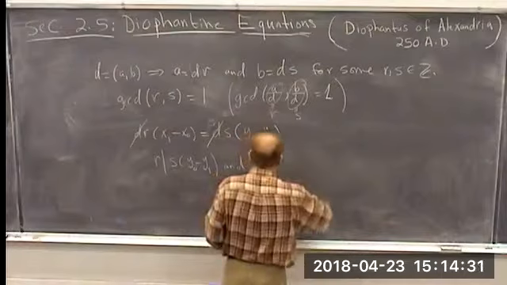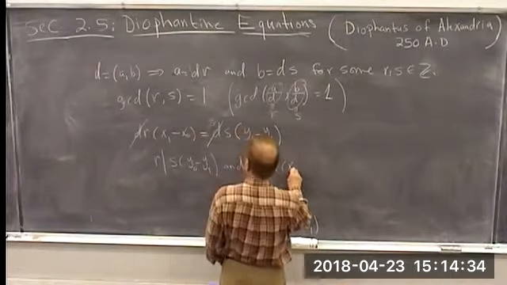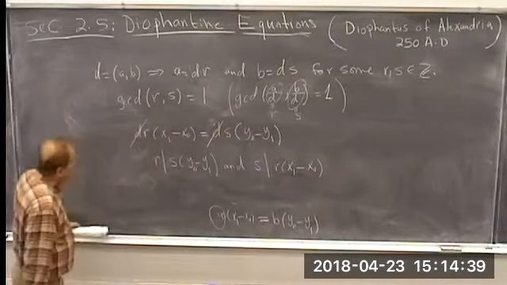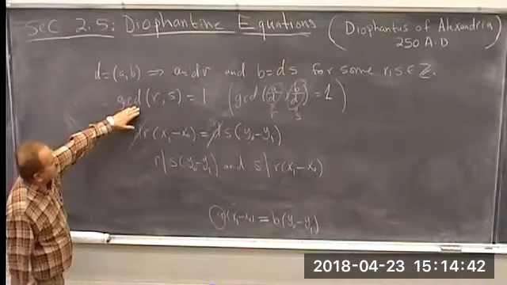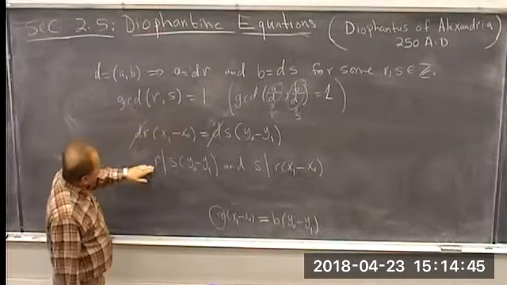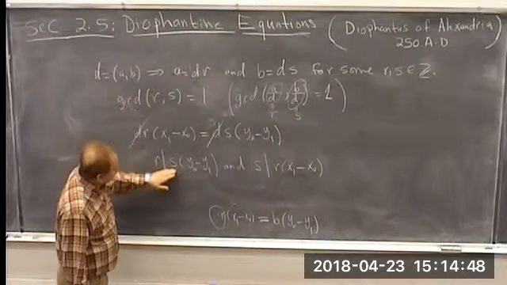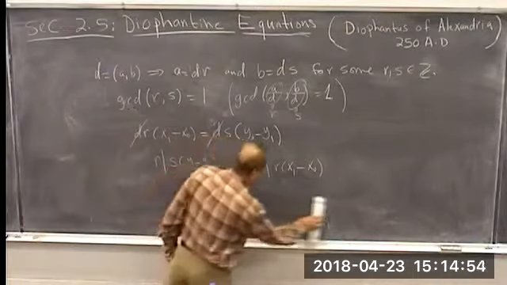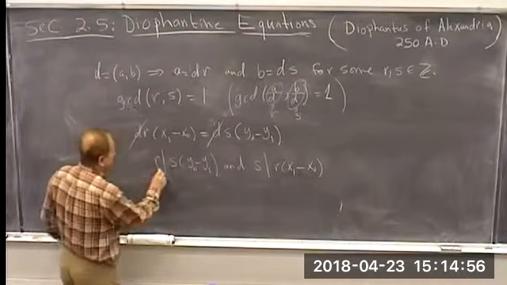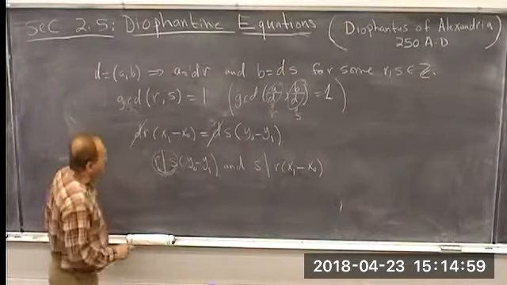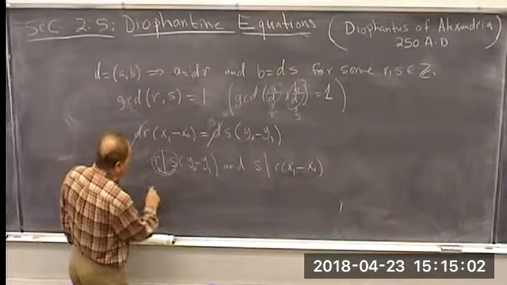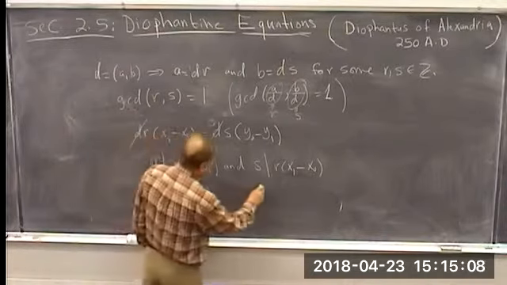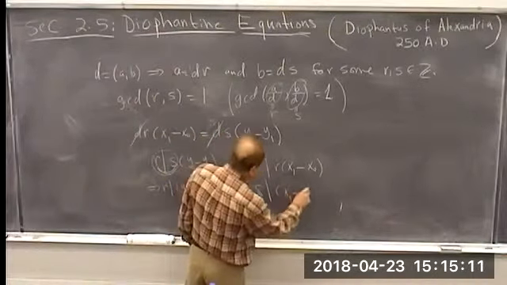But since the greatest common divisor of r and s is 1, and r divides the product, and it doesn't have any common factor with s, this implies that it must divide the difference between the y's. So these are relatively prime. This divisibility implies that r divides y sub 0 minus y1. Similarly, s divides x1 minus x sub 0.